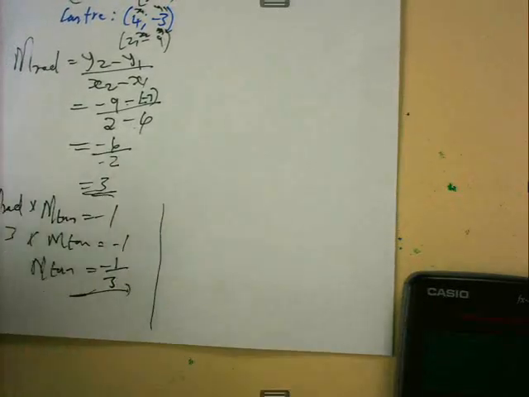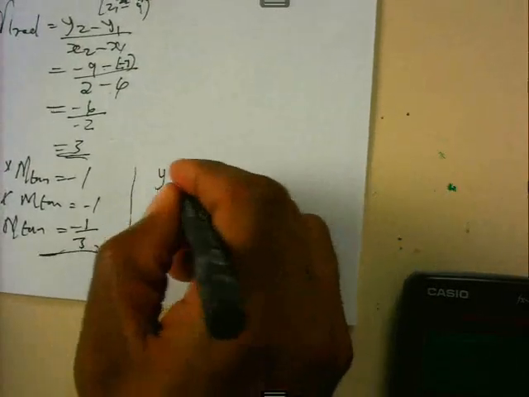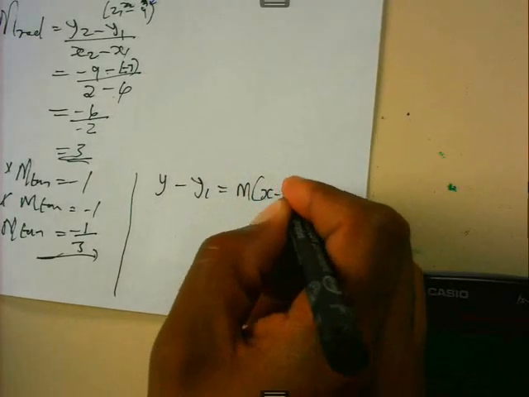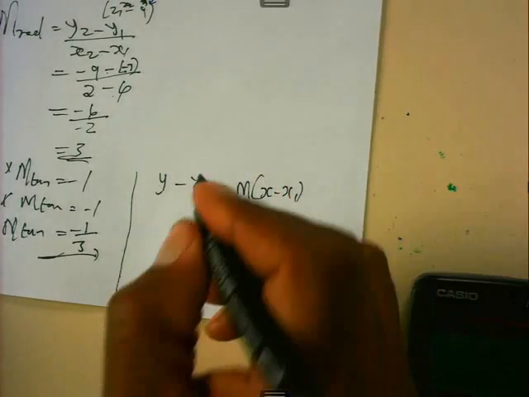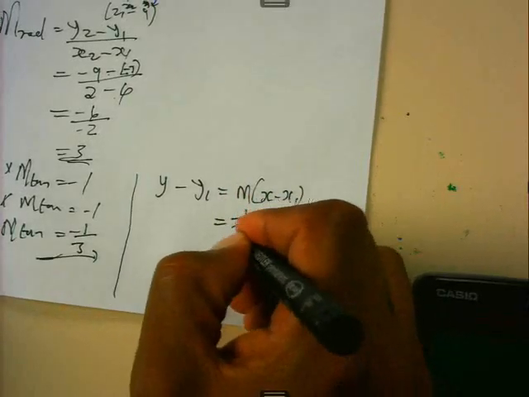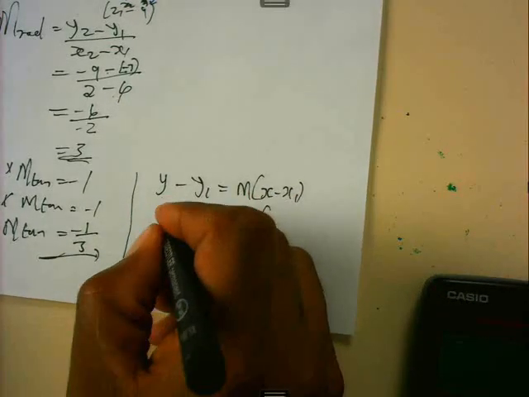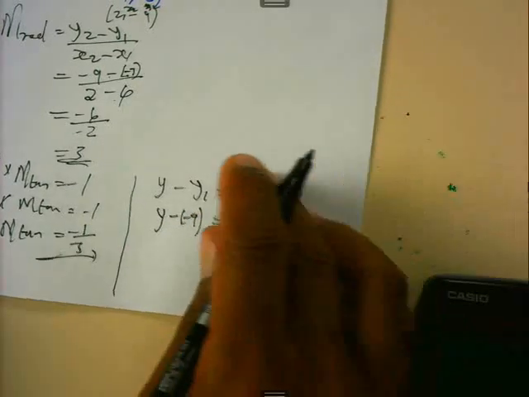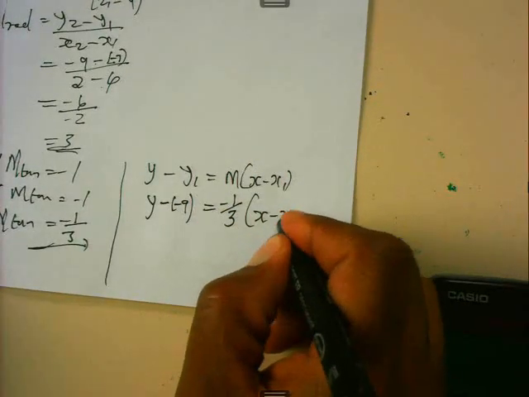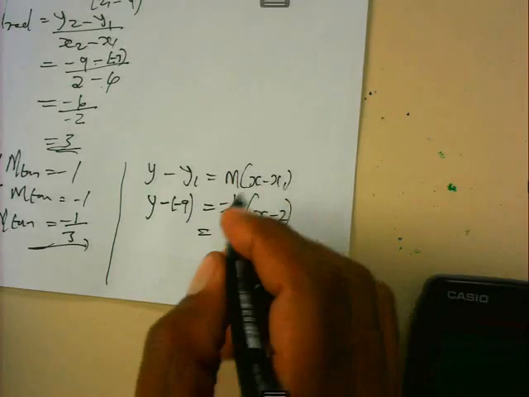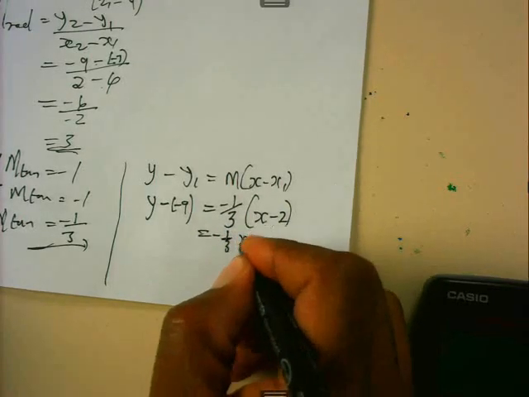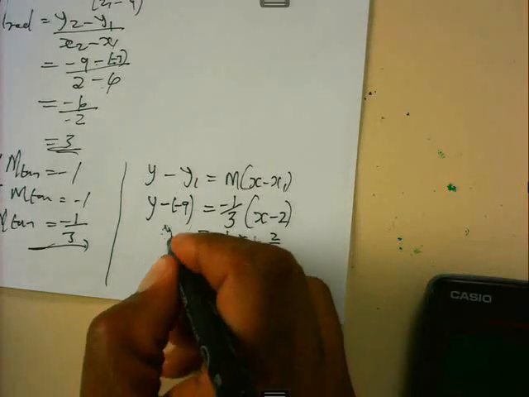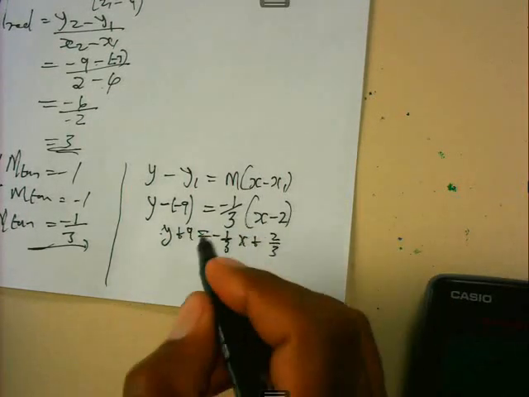Right. From here, the equation will be y minus y1 is equal to m into x minus x1. Our gradient is negative 1 divided by 3. And now this side is y minus 9, of course, this is the point that we must use, and now x minus 2. When I multiply out, that is 1 over 3 x plus 2 divided by 3. Of course, this side is 1 plus 9.